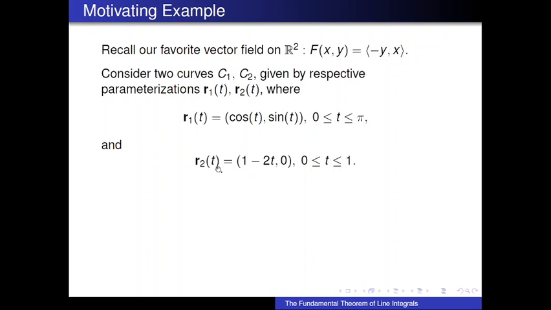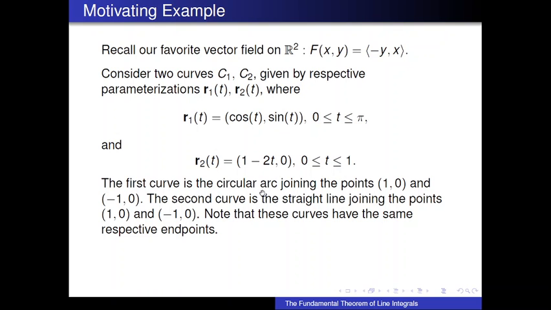And this second curve, r2 of t, in its first component will have 1 minus 2t, and the second component will be constant, equal to 0. So this one is going to parameterize a straight line segment, right? We have something linear in the first component. So this first one, like we said before, is the circular arc joining the points (1, 0) and (negative 1, 0) in the xy plane.